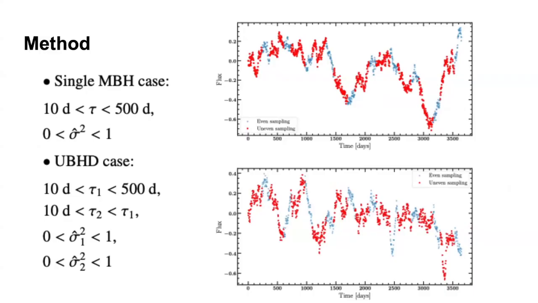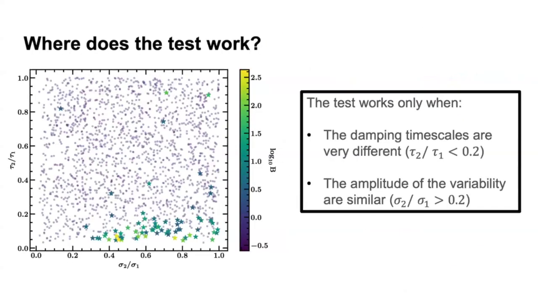This is the parameter space we are using, and we fitted it with both the single and the double damped random walk models. This parameter space can be defined only for the double damped random walk one.